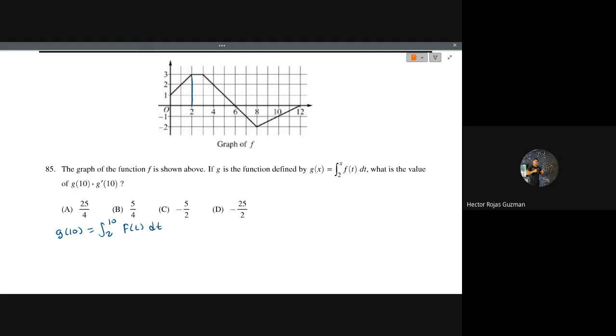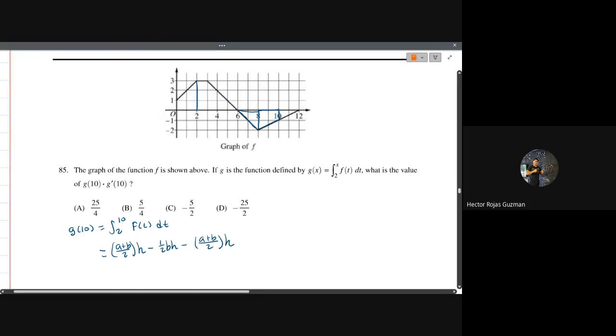So I think it might be best if you cut it into a triangle and then a trapezoid. So we have a plus b over 2 times h, minus 1/2 base times height, minus a plus b over 2 times h.